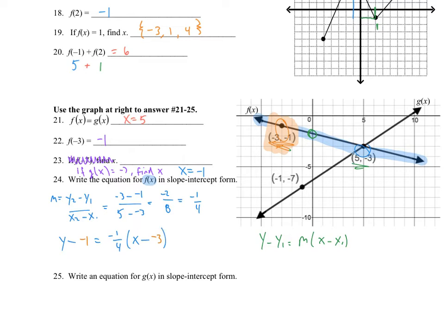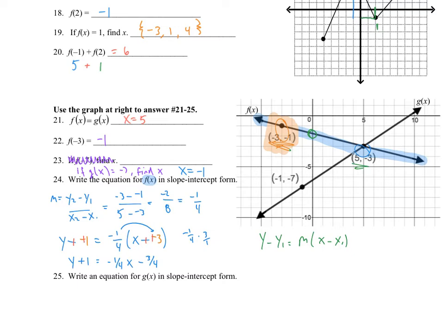Of course, here we have pluses. We do the distribution of the -1/4, so we get y plus 1 equals -1/4 x, and then -1/4 times 3, 3 over 1, would just be -3/4.